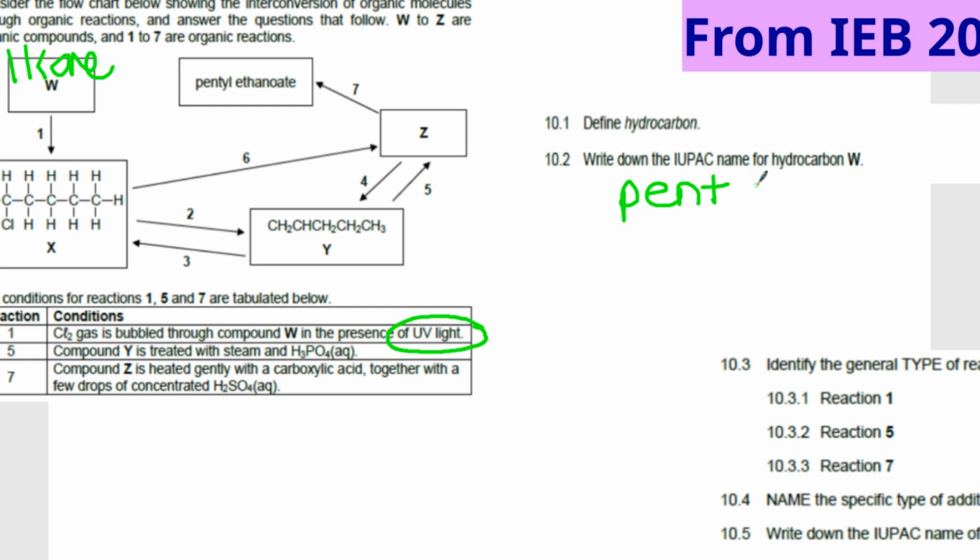It's single bond, so there's nothing we have to add to that. And all you needed to realize is that if we are using UV light, and that's one of the 3 conditions, there's only 3 conditions that you need to know, remember? So UV light is what you need to let an alkane react, because they are saturated and therefore they are unreactive. So that's our first answer, pentane.